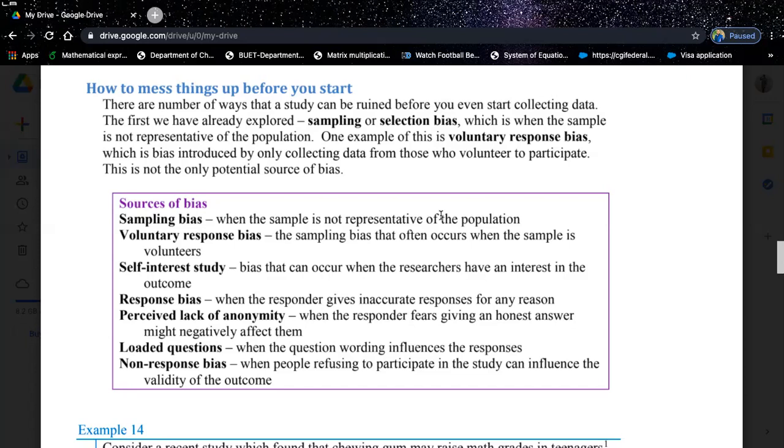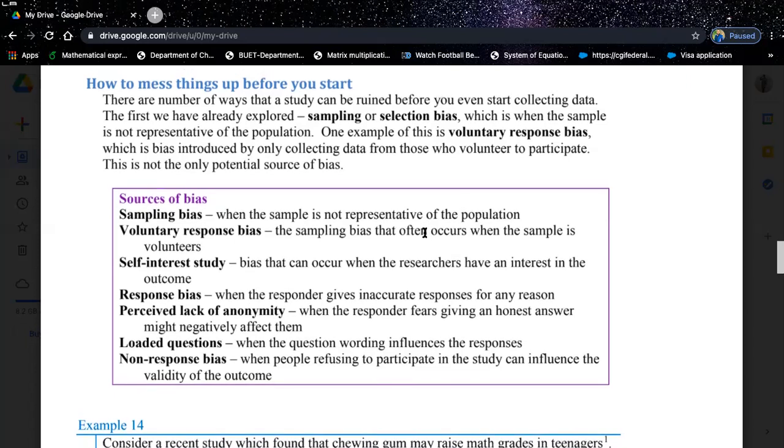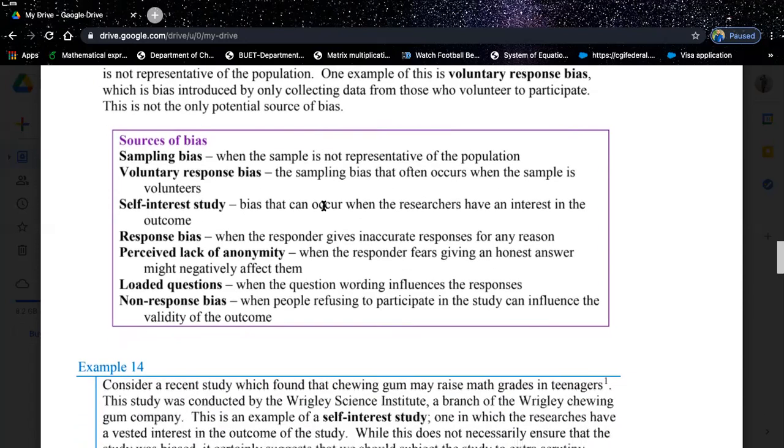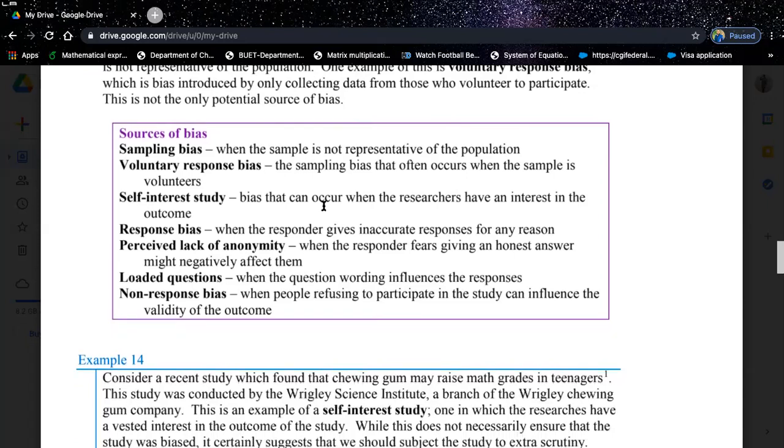Okay, so let's see a couple of ways which could raise issues in our sampling methods or in our survey. So the sources of bias, or what could be the possible ways?